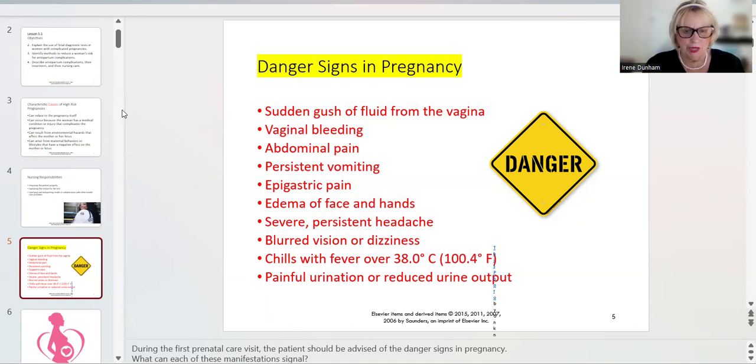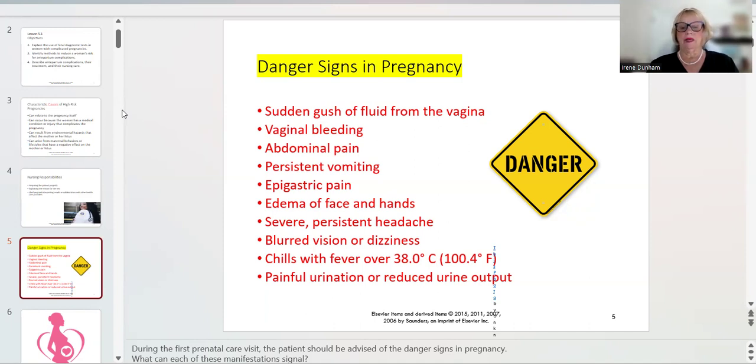The patient is getting dehydrated. Her electrolytes are getting off normal. If she goes real low on potassium, it can affect her heart, and what affects mom is going to affect the fetus. I already talked about epigastric pain. Edema of the face and hands, swelling of the hands and face, that's preeclampsia.